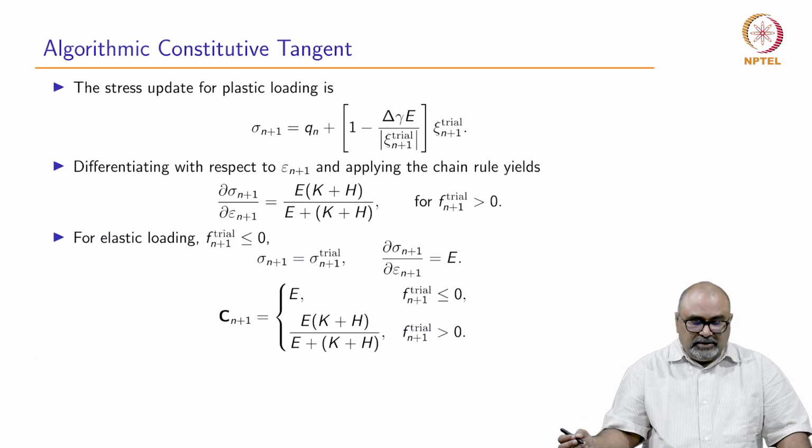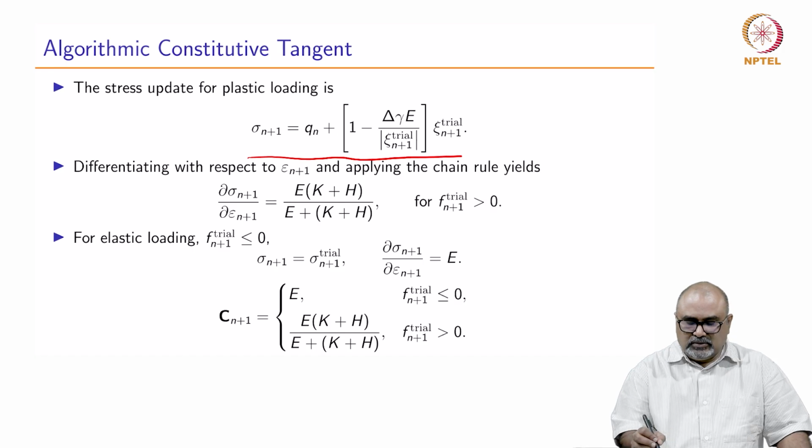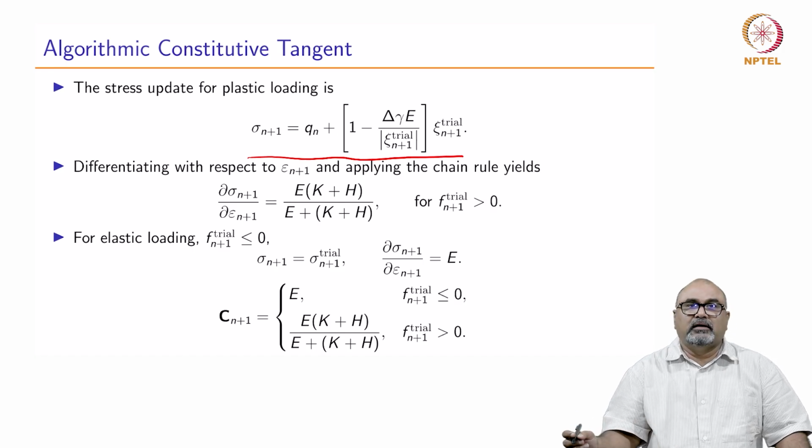So, the stress update for plastic loading now reads σ_{n+1} equal to q_{n+1} plus (|ξ_{n+1} trial| minus ΔγE) divided by |ξ_{n+1} trial| times ξ_{n+1} trial.